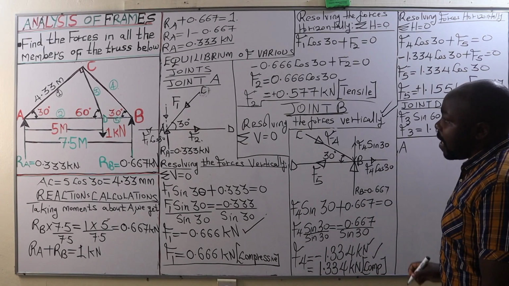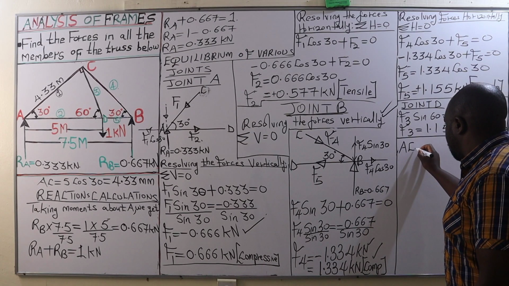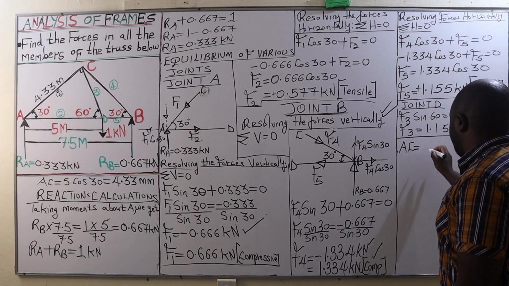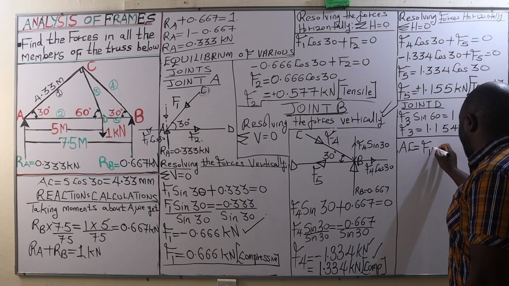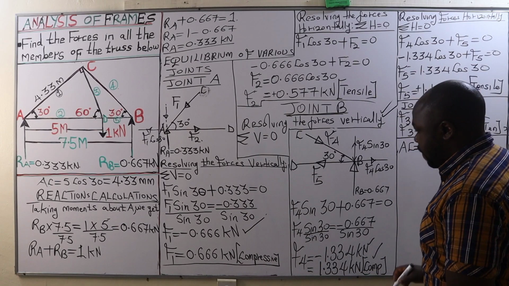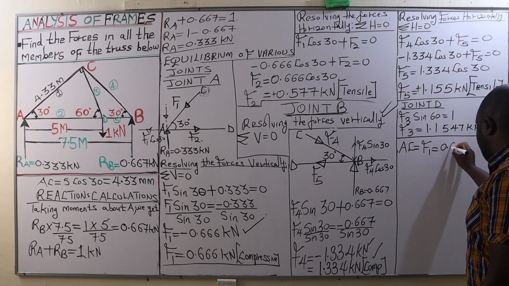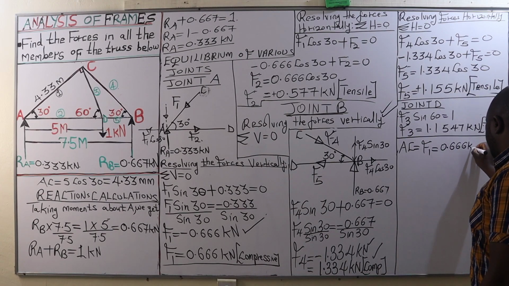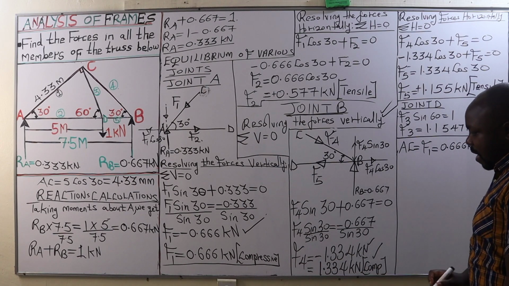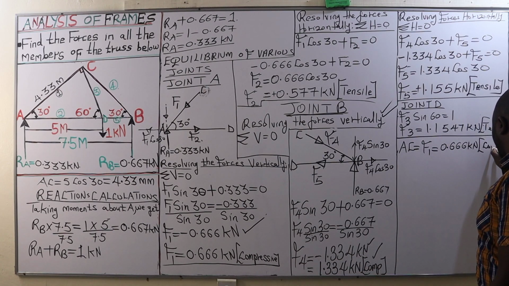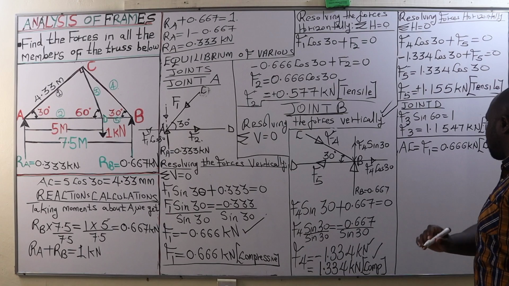On member AC, we got the force F1, which is 0.666 kilonewtons, and in this case that is a compressive force.